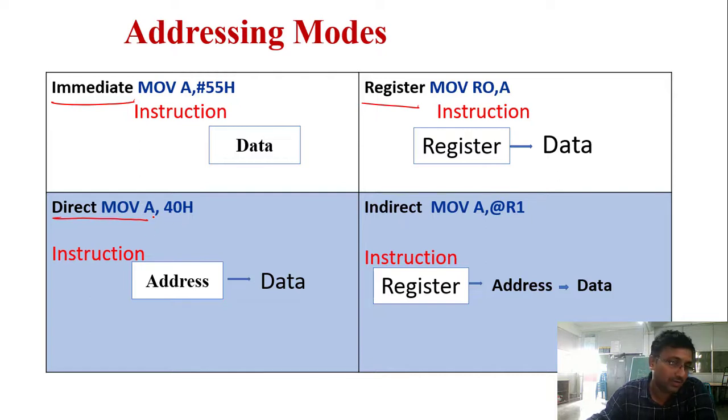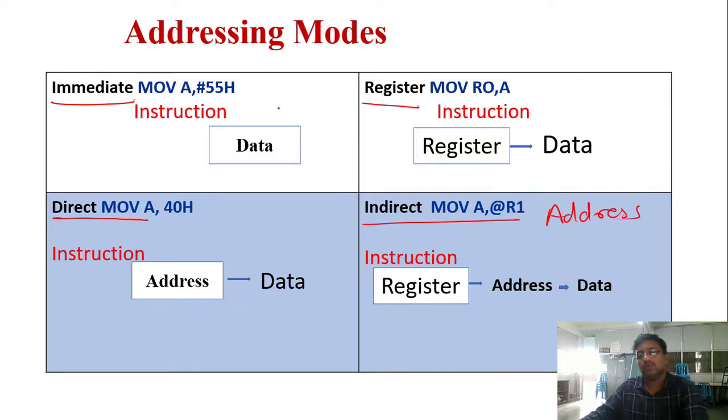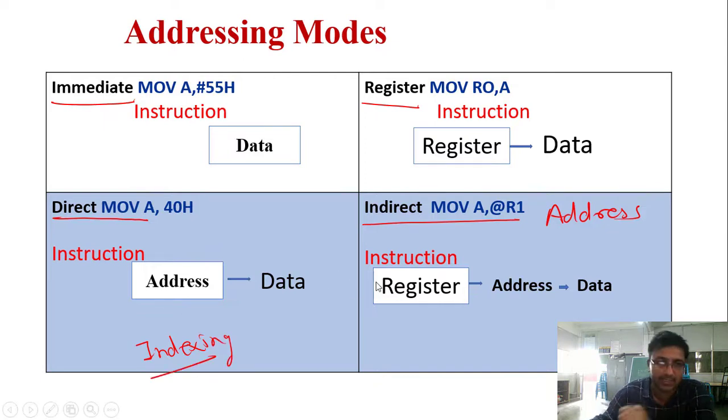And indirect addressing mode uses an address held in a register. The last one is indexed addressing mode as well. We'll see these addressing modes and data transfer instructions in detail, step by step. These are the addressing modes: immediate, register, direct, indirect and indexed. Okay, so we'll see the first one first.